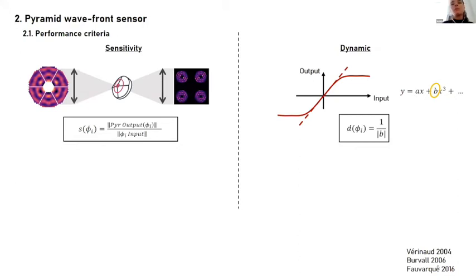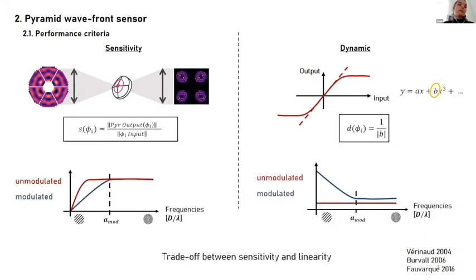The pyramid presents some nonlinearities and saturation, so I compute the dynamic as the inverse of the cubic term of the response. I also present the modulation because it will be useful later.